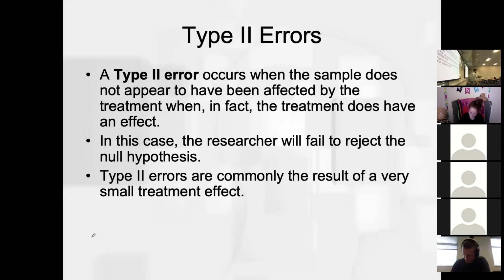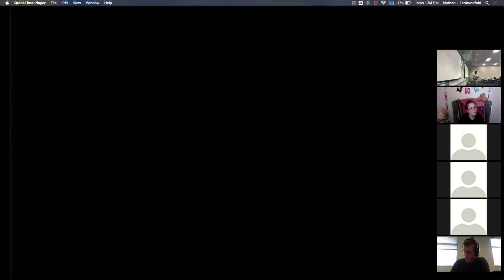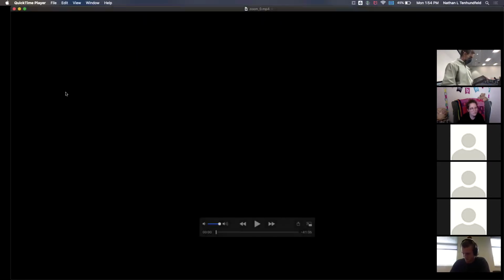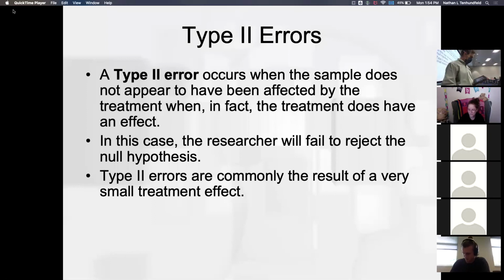Type 2 errors are most likely to occur as a result of a very small treatment effect. Technology is revolting here.